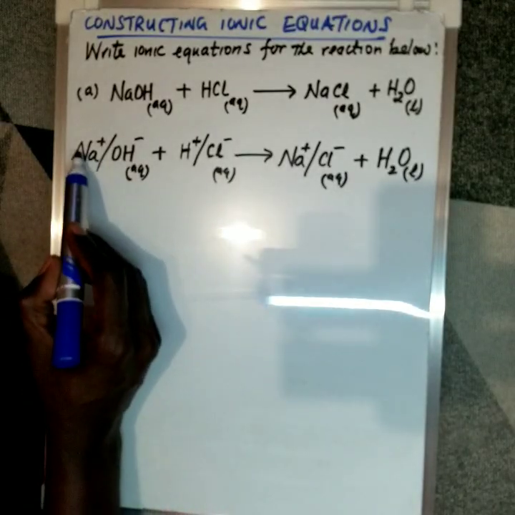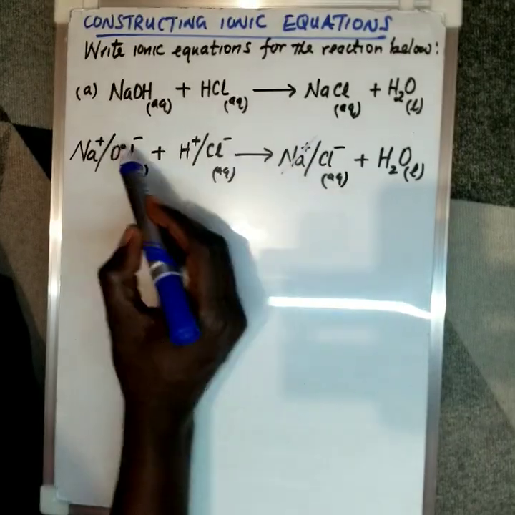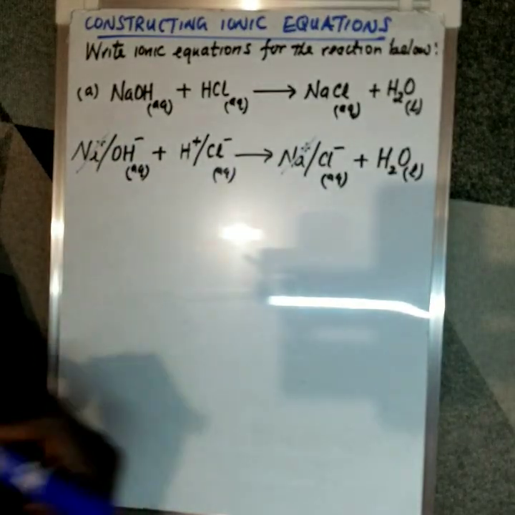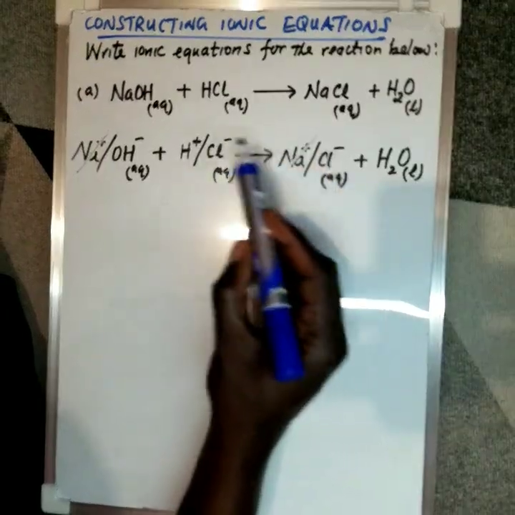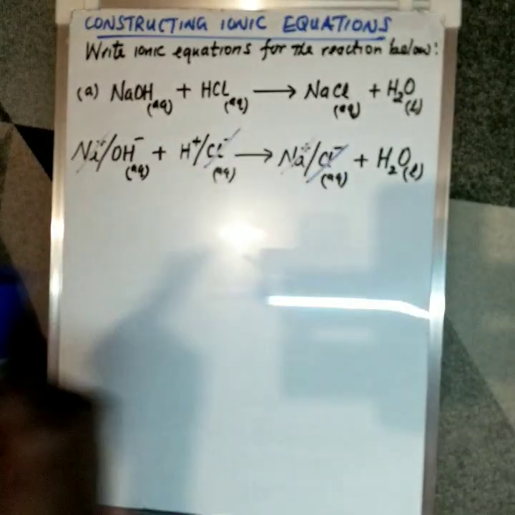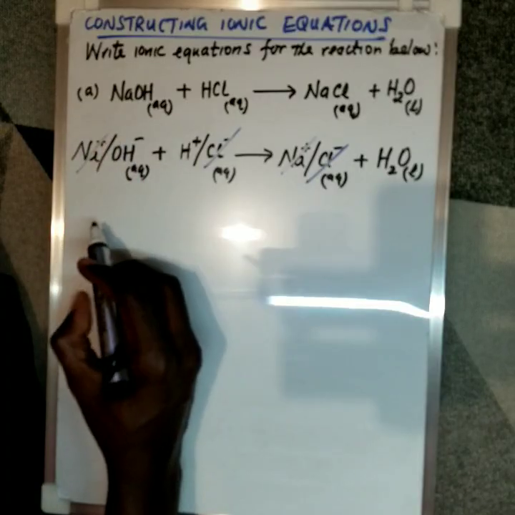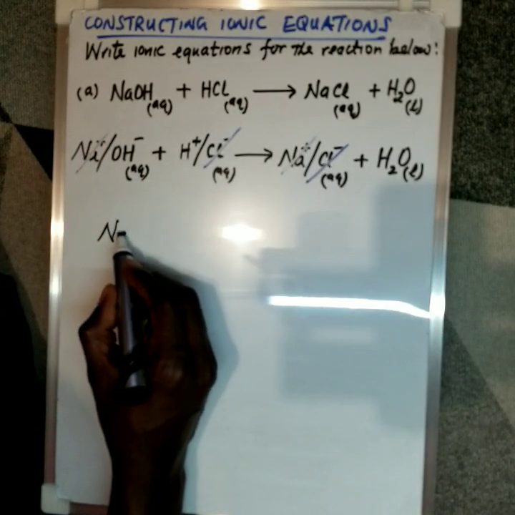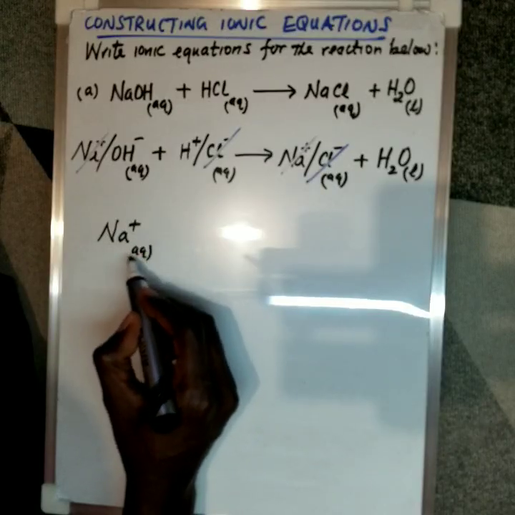For example, if I look at sodium Na+, I have Na+ on the other side, so this and that will cancel. Another spectator ion is chlorine, Cl-, so this and that will cancel. What have I remained with here? I've only remained with this sodium Na+. Don't forget the charge, it is still in aqueous.